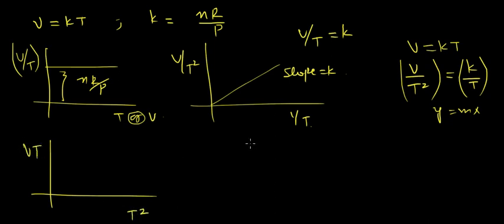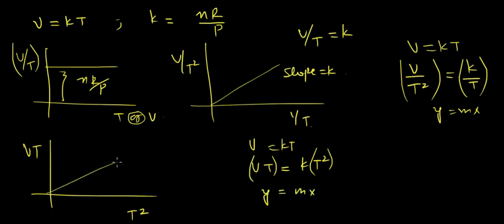We know that V equals KT, so multiply T on both sides. This becomes the x-axis and this becomes y, so y equals mx, again a straight line, and the slope again is equal to K, which is nR by P.